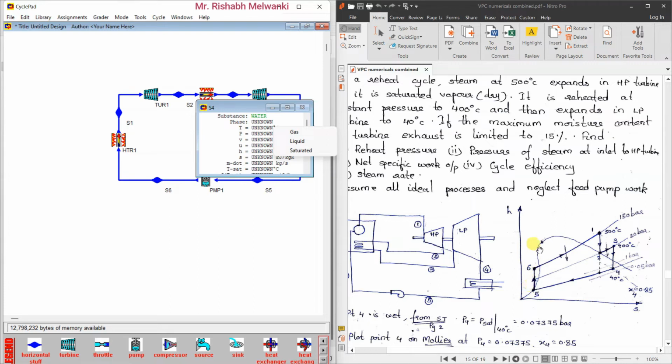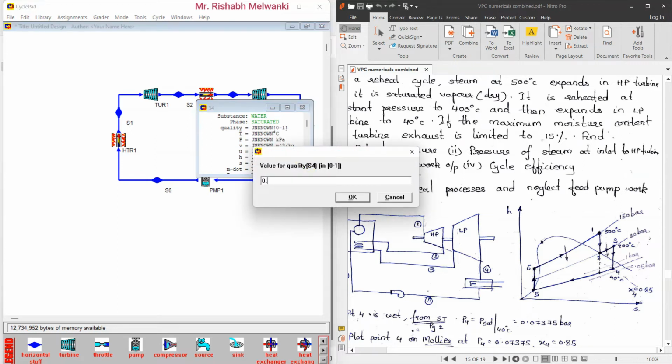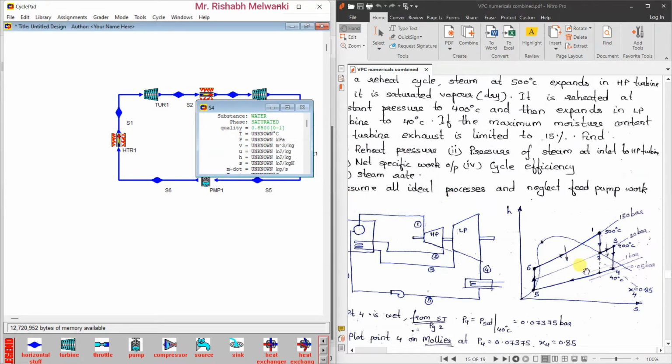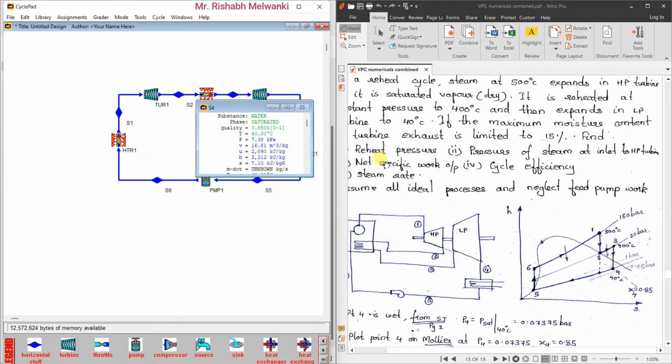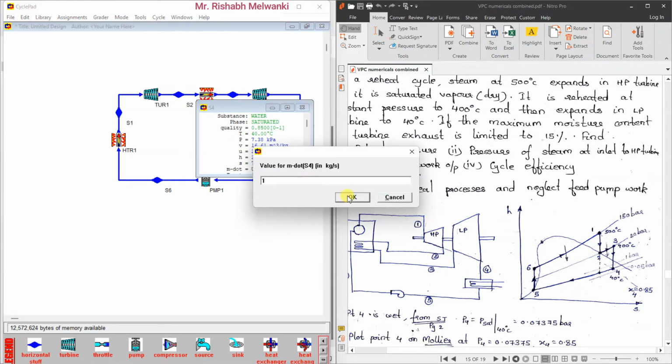It could be either saturated liquid, wet steam, or dry saturated steam. So I'll select saturated. Now what is the dryness fraction of point number 4? 0.85. So I'll select this, assume a value for quality 0.85, and the temperature of point 4 is 40 degrees Celsius. Click OK. Now since we have to find specific work output, I'll assume m dot value as 1. So assume m dot is 1 and click OK.